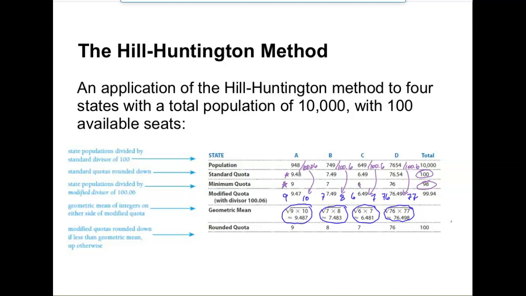So 9.4 rounds down to 9. 7.4 should actually round down to 7. This might be a typo. 6.4, what are they doing here?